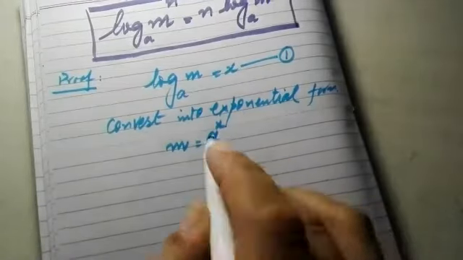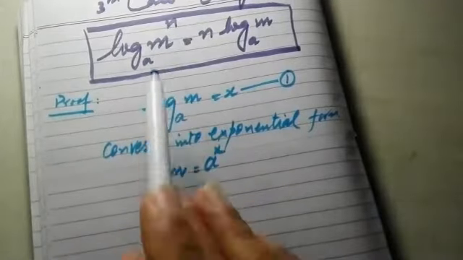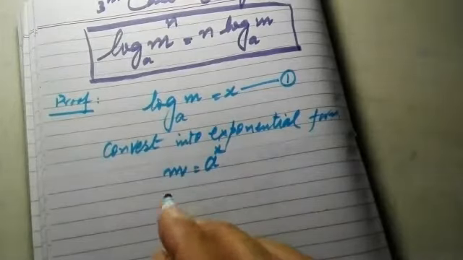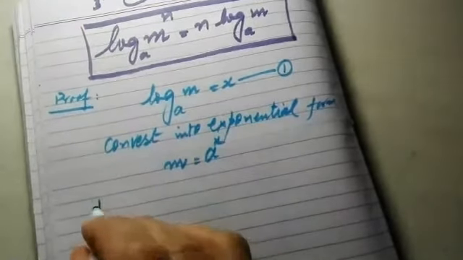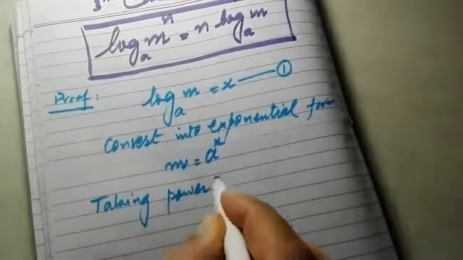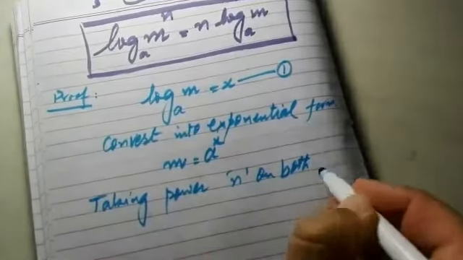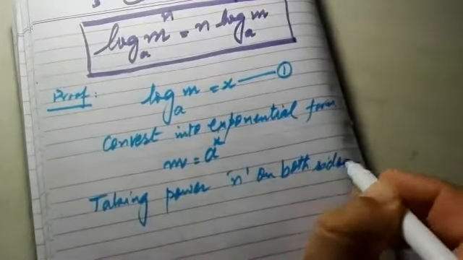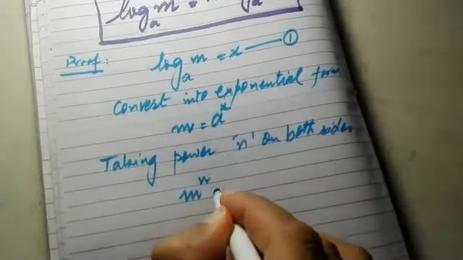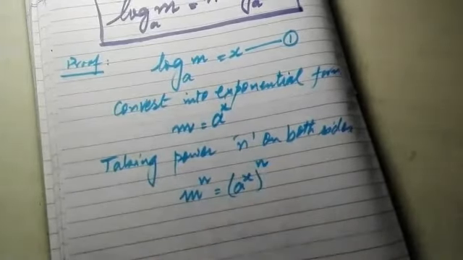So if you look at the required term, that contains m raised to power n. So how can we generate m raised to power n? Taking power n on both sides, it will become m raised to power n equals a raised to power x, raised to power n.